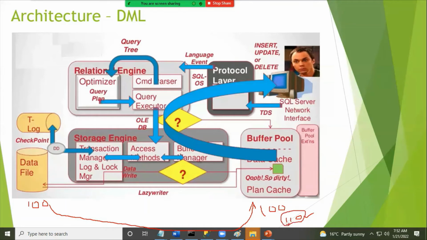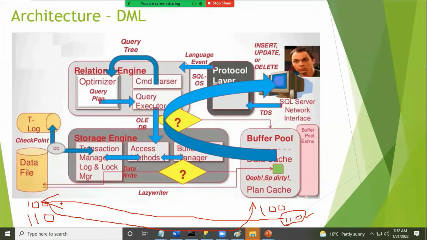As soon as a checkpoint happens, this page will be flushed to the data file. So you will have 110 here as well, and 110 here as well. If both are the same, then we never call this dirty, because the checkpoint has written the page from the buffer pool to the disk.